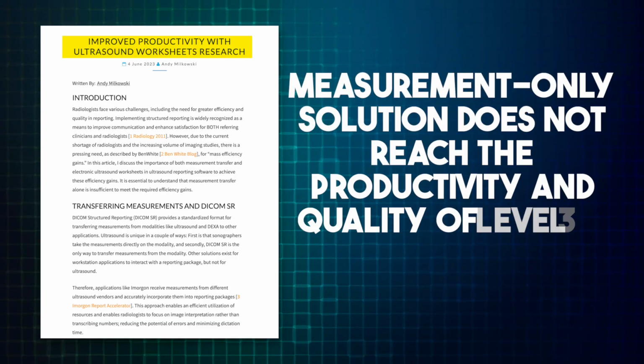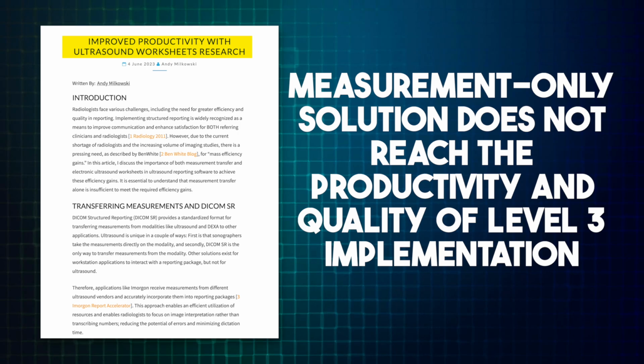So qualitative information would include everything from echogenicity to the existence of gallstones and a Murphy sign, right? One point of that blog was that a measurement-only solution does not achieve that productivity and quality improvement that we're looking for in level 3, since it only addresses about half of the problem.